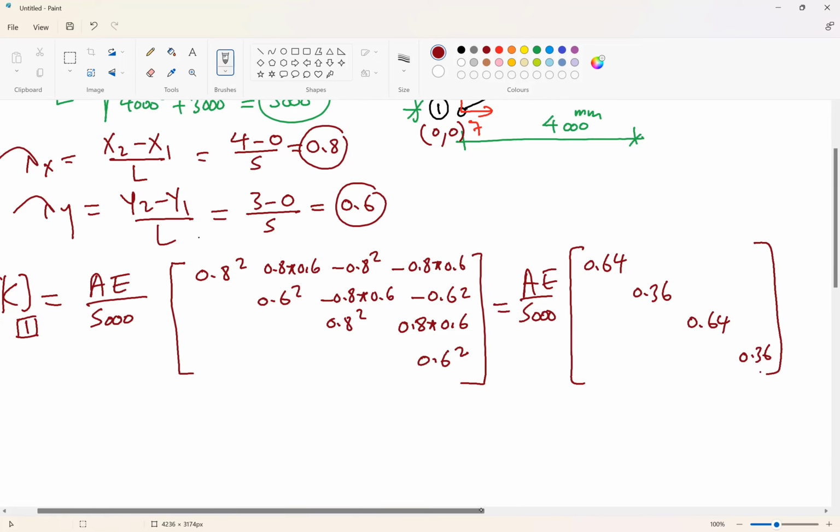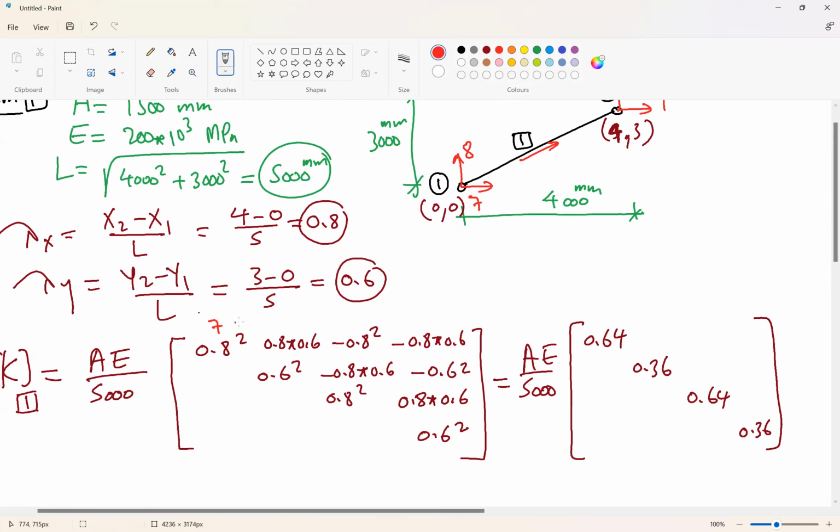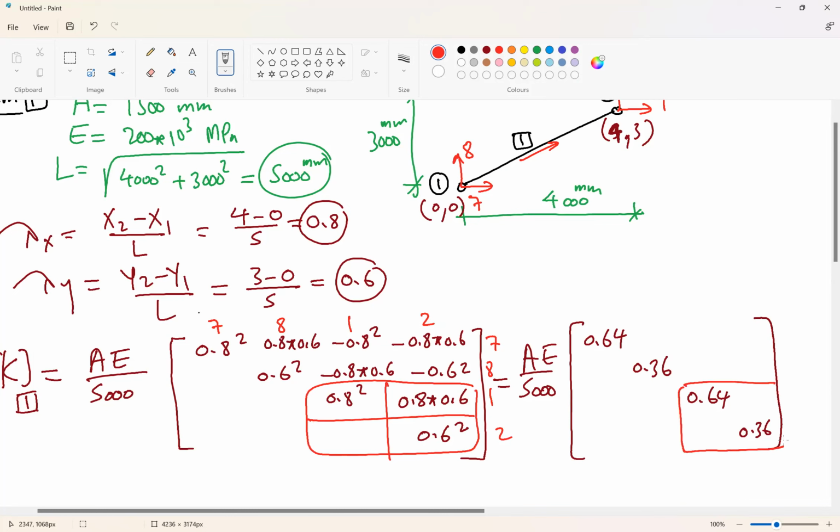The important thing is this is movement 7, movement 8, movement 1, movement 2, movement 7, movement 8, movement 1, move 2. So this is our important part in the stiffness matrix. 8, 7, 7, 8, 1, 2.